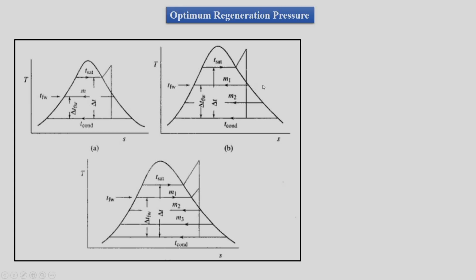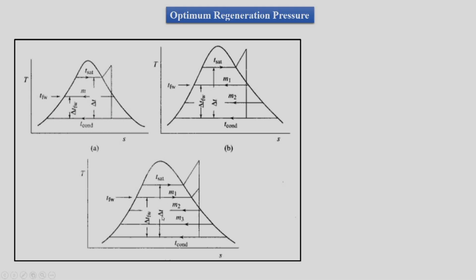Now, if we are having 2 feed water heaters, then we will decompose this temperature difference, which is the saturation temperature of the boiler and the saturation temperature of the condenser, into 3 parts, and then we will send M1 and M2 masses in the 2 feed water heaters such that we will get the optimum efficiency.